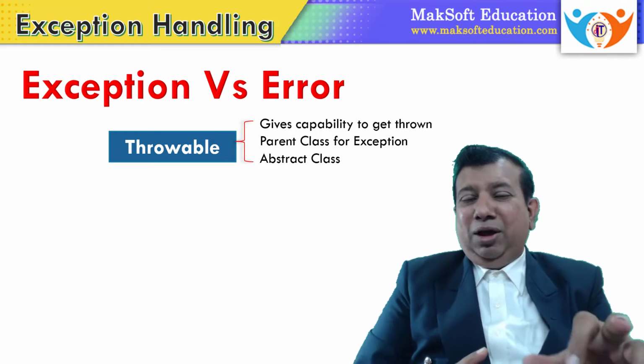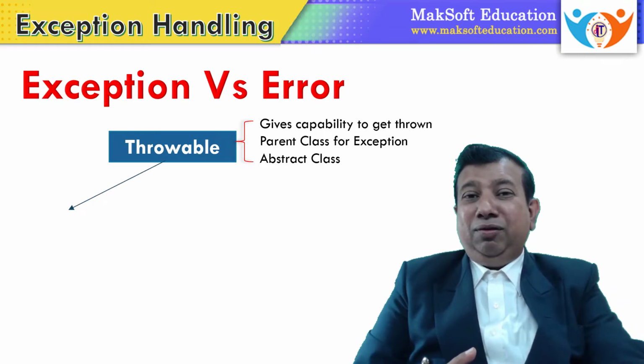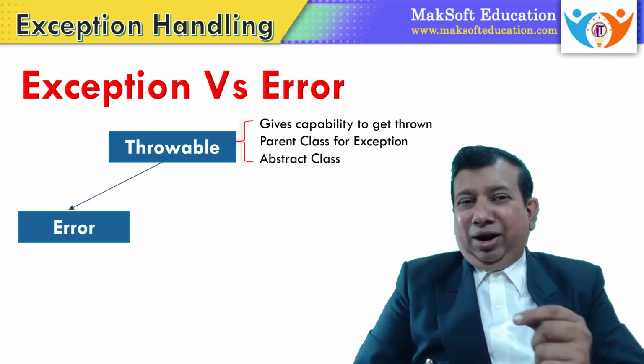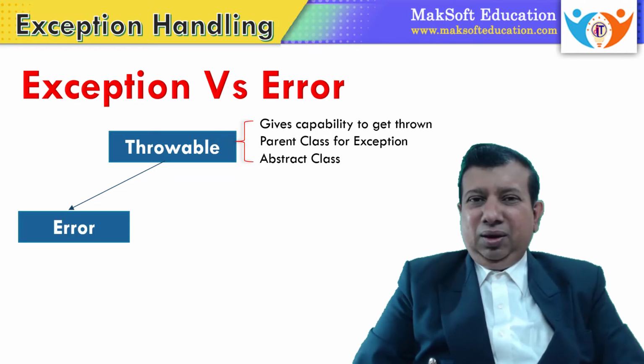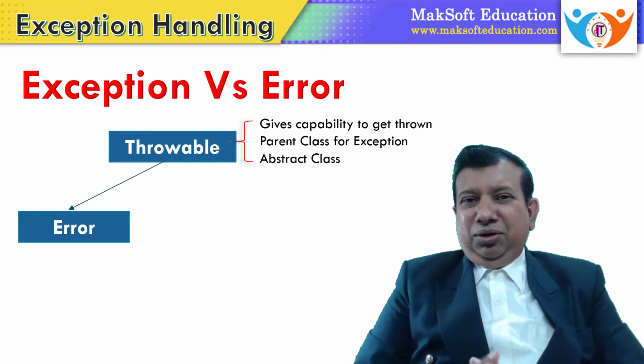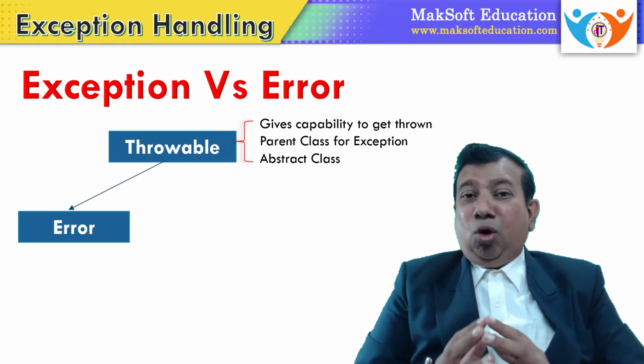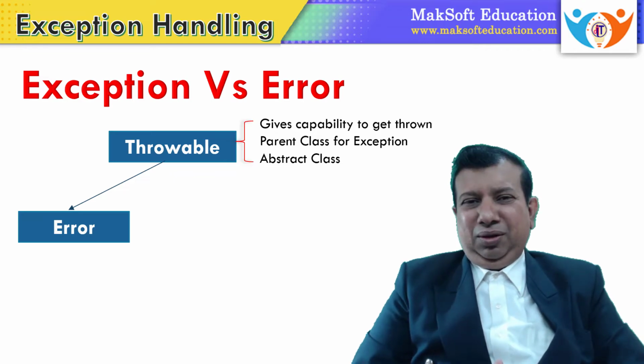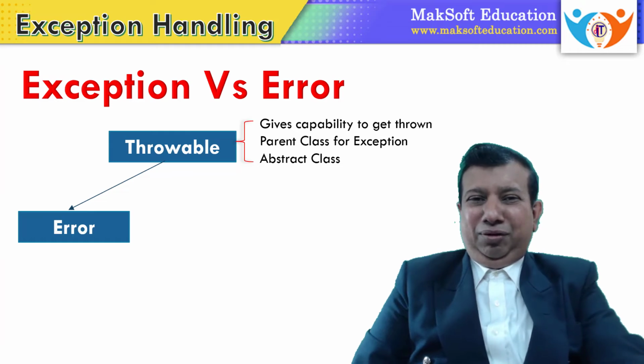We are going to understand what an error is. Error is a child of the throwable class. Now what is error? Whenever a problem occurs because of lack of system resources, at that time an error occurs. And what is exception?